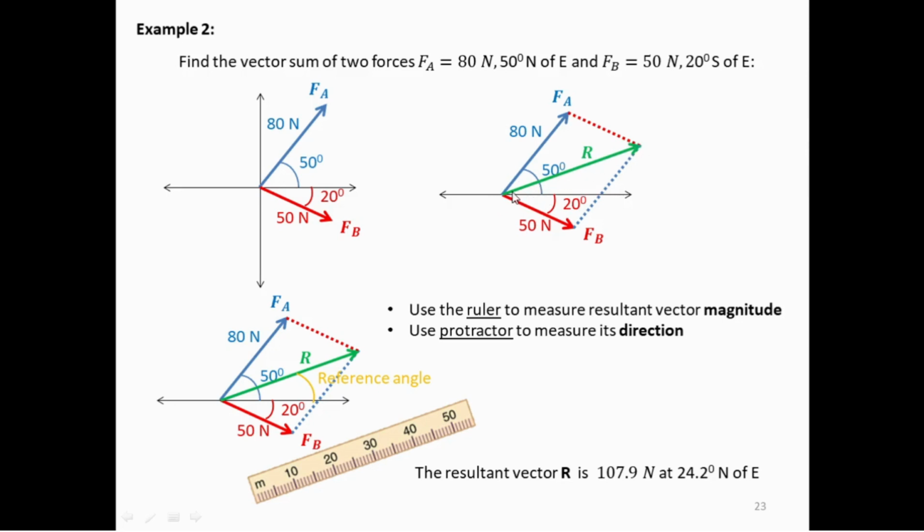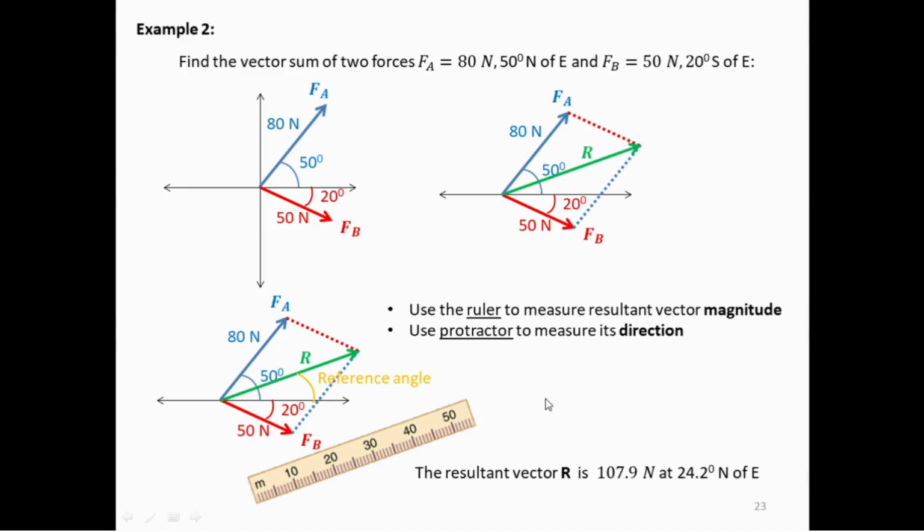All you have to do again is to use your ruler to measure how long this green arrow is, which is the resultant vector. And then you can also use the protractor to measure this reference angle here, which is represented by the yellow marker. So again, you use the ruler to measure the resultant vector magnitude, and you use the protractor to measure its direction.